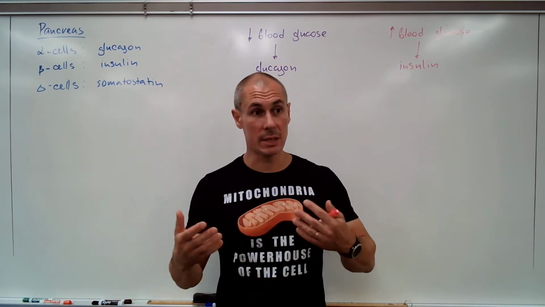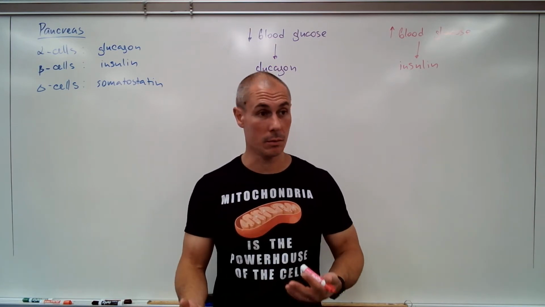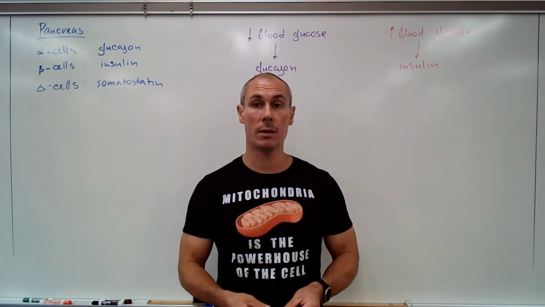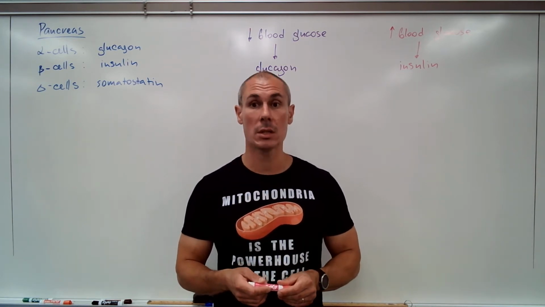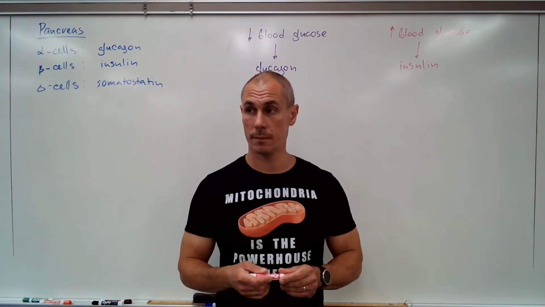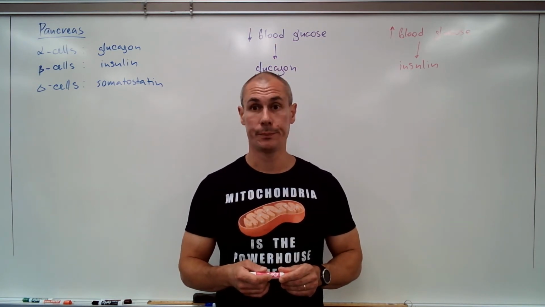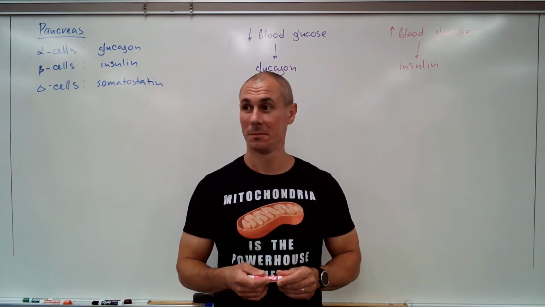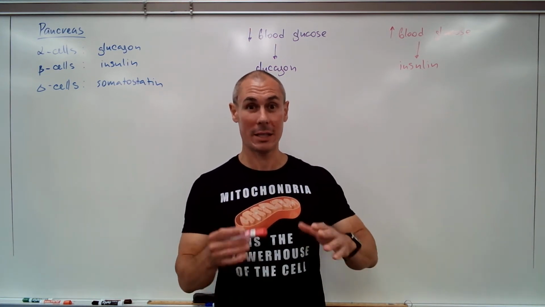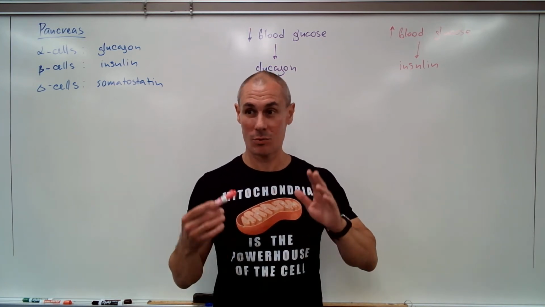So I'm going to give you a task and we're going to discuss how we can perform it. So you have elevated levels of glucose in the blood. You need to lower it. How? The answer lies not in the endocrine system, it lies in common sense, just general understanding.